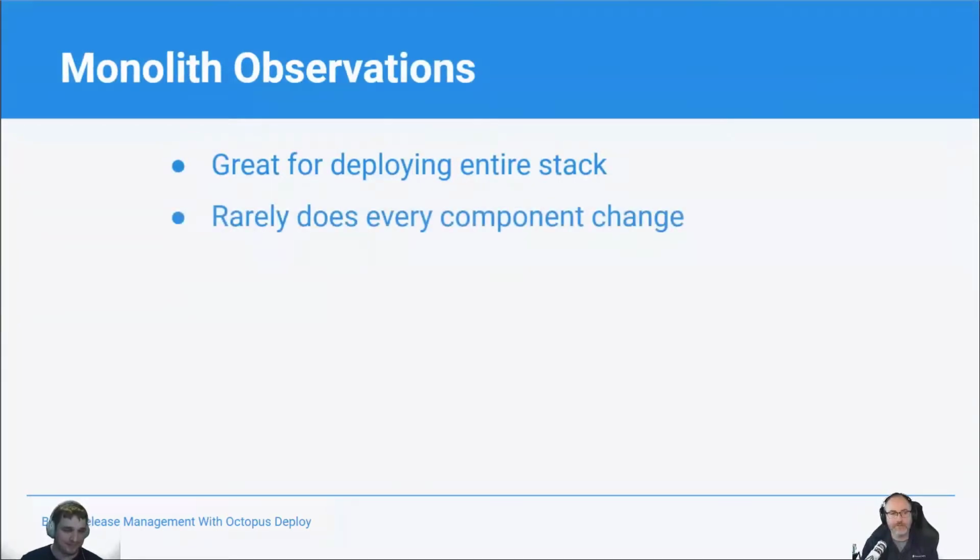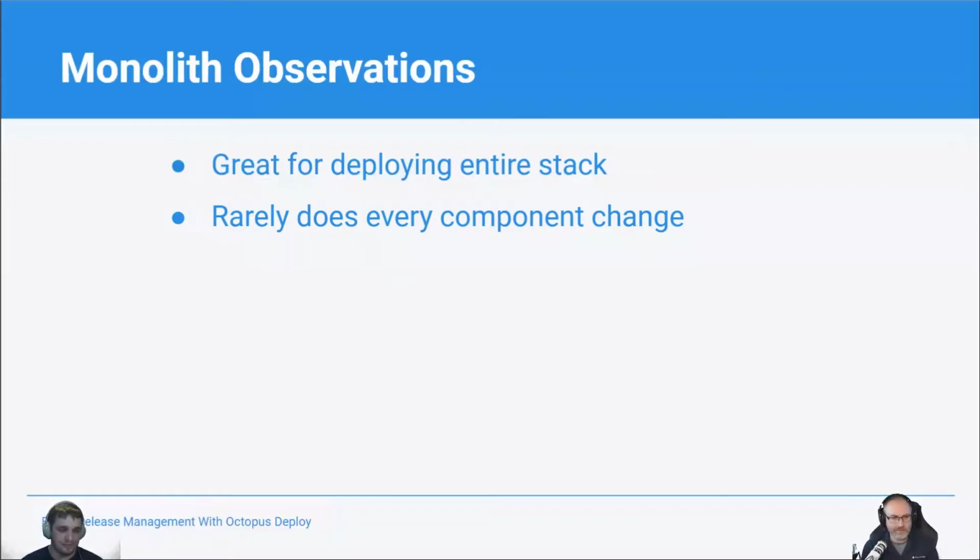Yeah, because when you have a big monolith like that, it's great for when you need to deploy that entire stack. But that doesn't happen all the time, especially if you get faster and faster with your releases and you're doing them a lot more frequently. When I was doing releases probably once every quarter, most of the time we were deploying the entire stack.